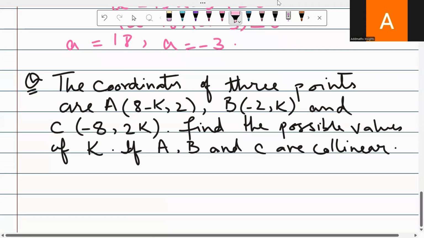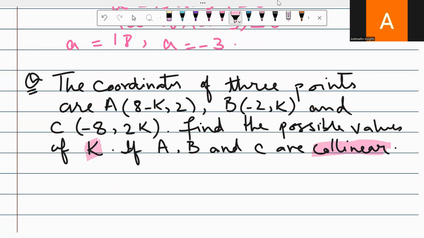Now, once you read this question, the condition given to find the value of the unknown letter k is that these 3 points are collinear. Collinear means the points lie on a straight line. And the condition for points to be collinear is the same as for lines to be parallel. It means if they lie on the same line, then the gradients must be the same.